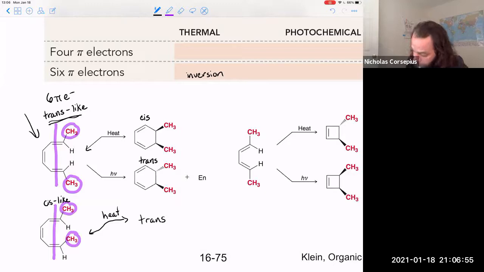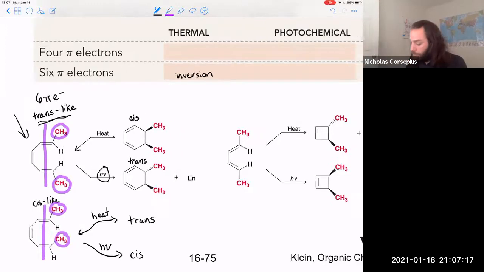Whereas if we start out with 6 pi electrons, again over here, and we hit it with light, we get no change in our stereochemistry, right? So the trans-like would get us to the trans product, and down here, again, you can go back a few slides and convince yourself of this. But if I started out with the cis-like, I would get the cis product.